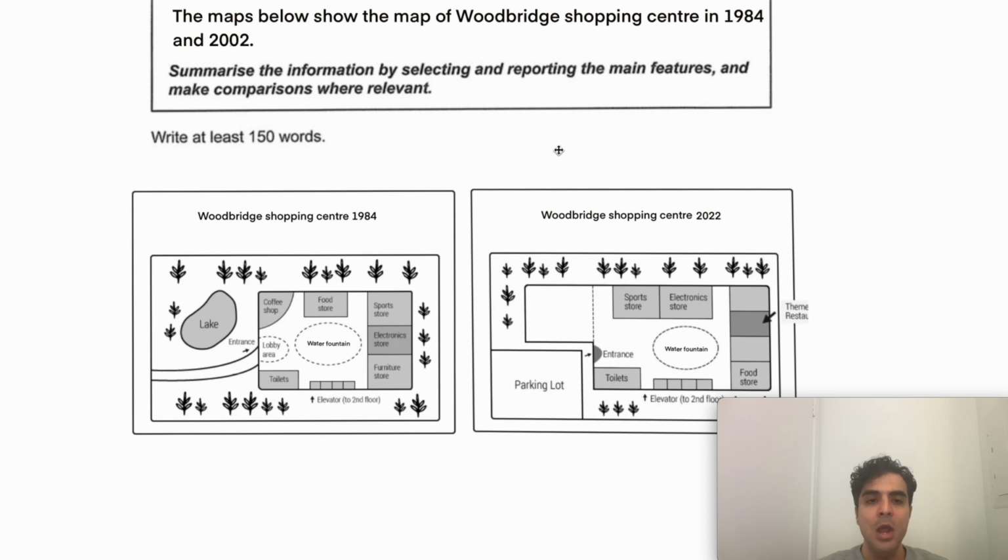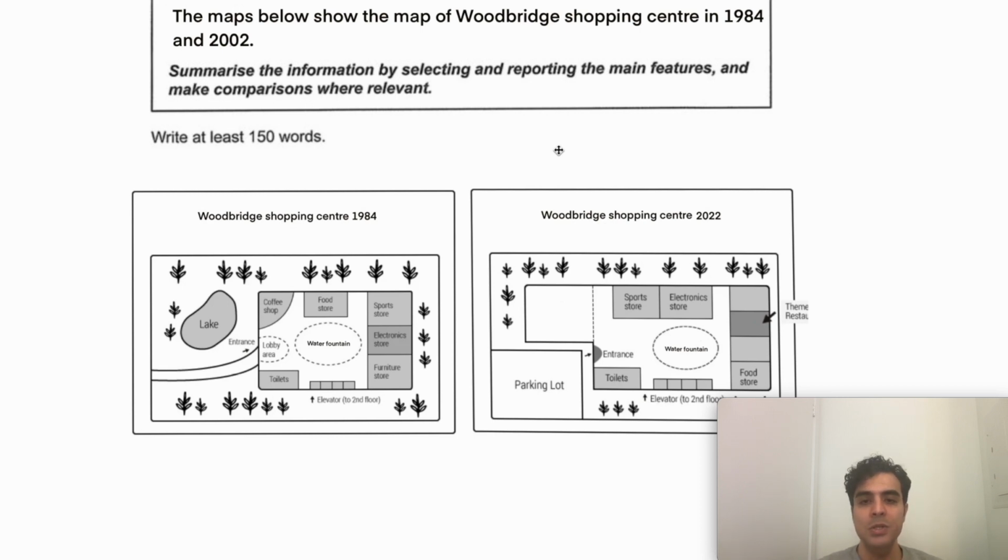So you can't say, oh, in 1984, there used to be a lake, a coffee shop, a food store. You can't just devote a whole paragraph to describing what the shopping mall looked like in 1984 without representing the changes that have occurred over time. Do you see? Therefore, what you need to do is take note of all the changes. Let's say we've made a list of 10 changes that have occurred.